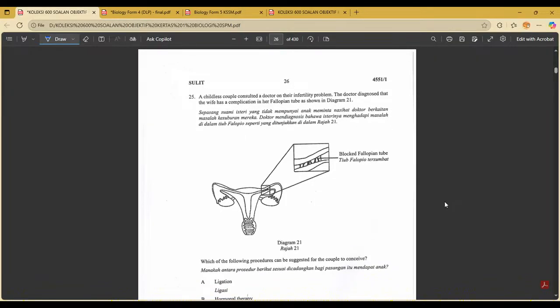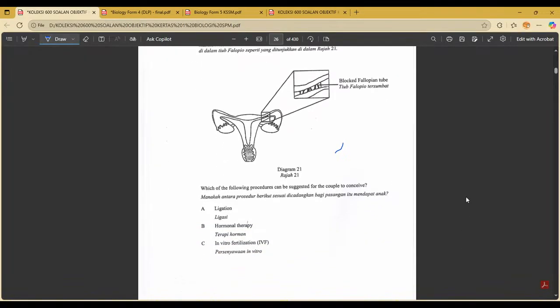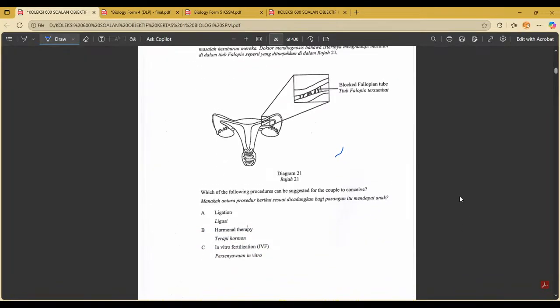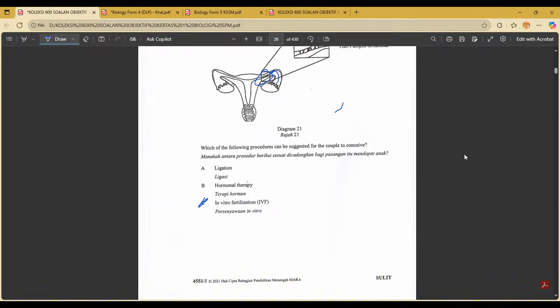Childless couple consulted the doctor on the infertility problem. Doctor diagnosed that the wife has a complication in her fallopian tube as shown in diagram 21. Which of the following procedures can be suggested for the couple to conceive? IVF. Hormonal therapy wouldn't do anything because if the secondary oocyte is released, it will be blocked. And I don't know what ligation is.